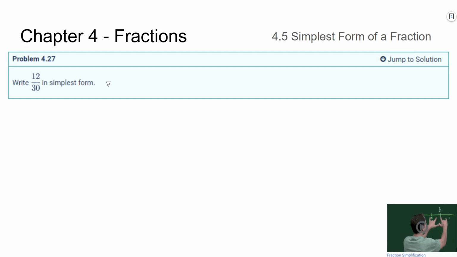So there are a couple of different ways that we can do this. As you get more practice with this, you're going to start recognizing multiples if you don't already. So when you see the number 30, you should know, oh, that's a multiple of 6. If you see the number 27, you might think, oh, that's a multiple of 3. 21, you should think multiple of 7, things like that.